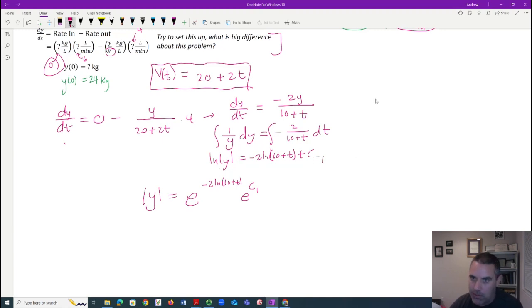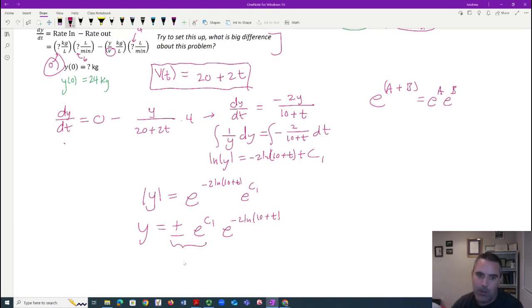It's very good to know this rule because you're going to be using it so much in these problems. And sometimes it's nice to just do that one step. So you get y is plus or minus this thing, e to the c1, and then this thing. This actually simplifies a whole bunch if you want to practice your log rules.